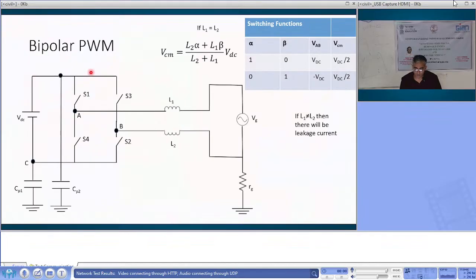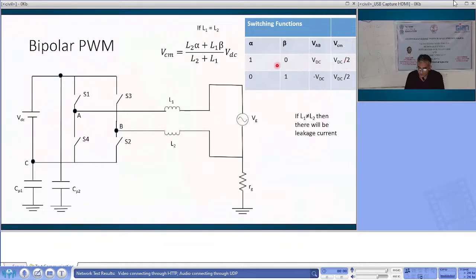Let's see bipolar PWM now. In bipolar PWM, you have alpha and beta either 1 and 0, for which VAB, the voltage across points A and B, is either plus VDC or minus VDC. As per this equation, your VCM is always VDC by 2.